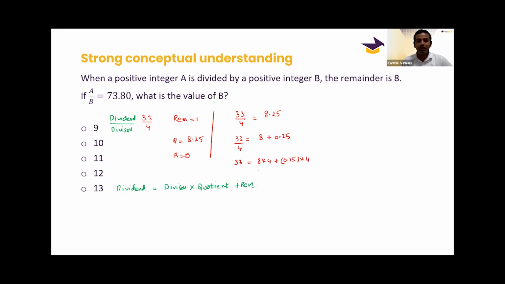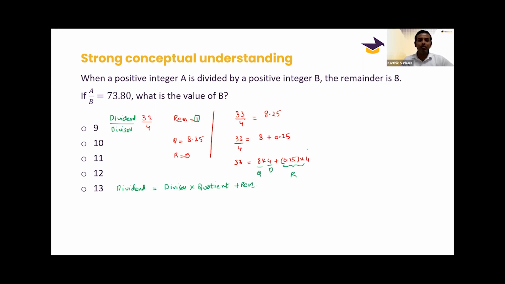So 4 is the divisor, and 8 is the quotient, and this part is the remainder. What is the remainder? 4 times 0.25, which is nothing but 1. This is the remainder, correct?